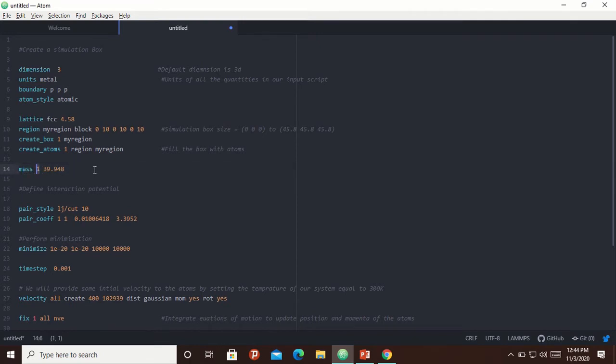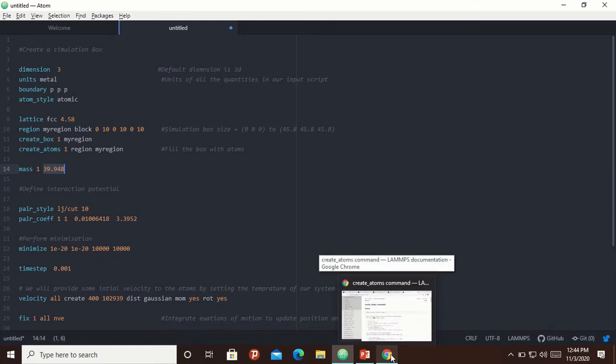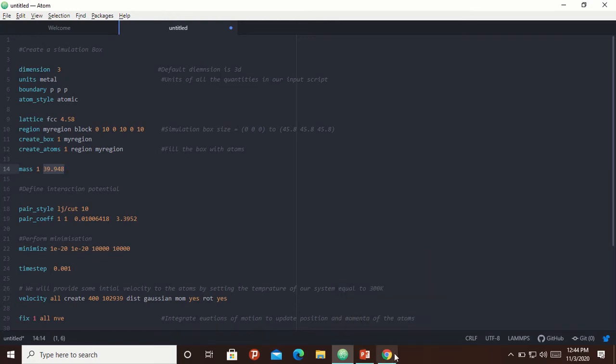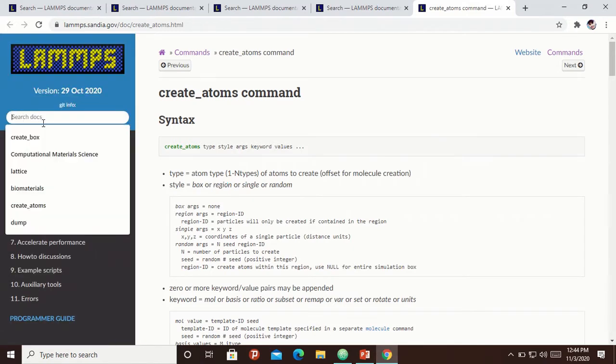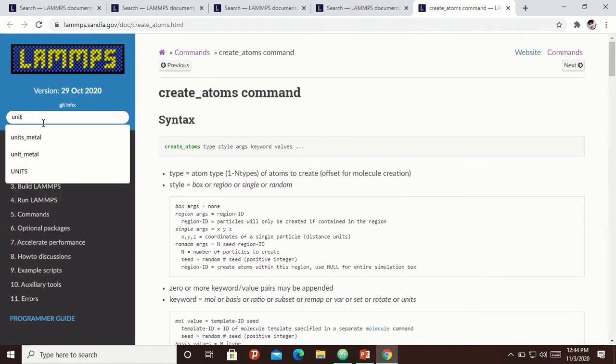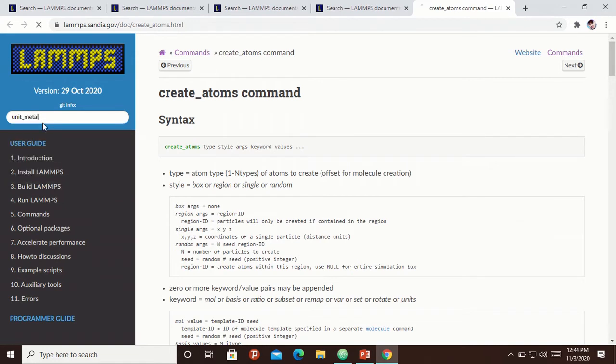Okay, now after this I will define the mass using the mass keyword here. There is only one type of atom, so its mass is going to be 39.948. And what will be the unit of 39.948? That we can check from the units metal command. I think it was in grams per mole, something like that.